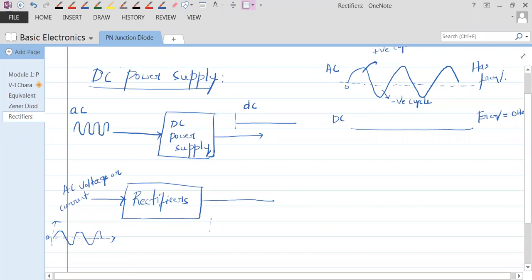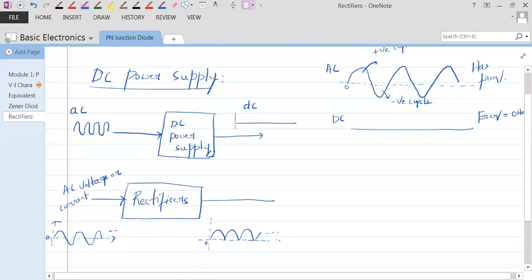What would the output of the rectifier look like? If you give this as the input, it will give you this as the output. What is the difference between the input of the rectifier and the output of the rectifier?